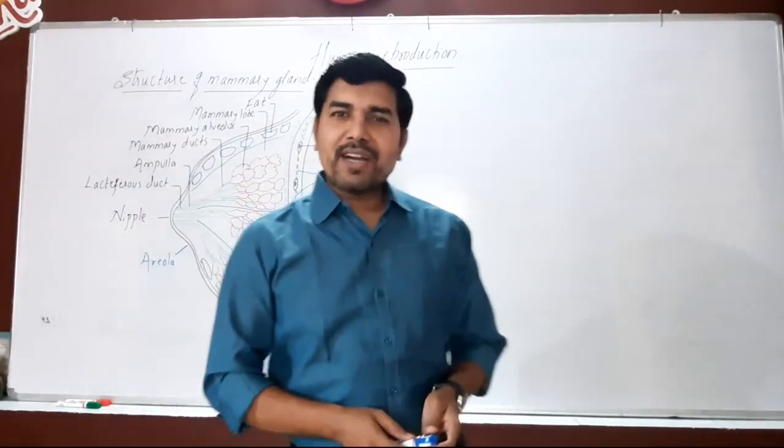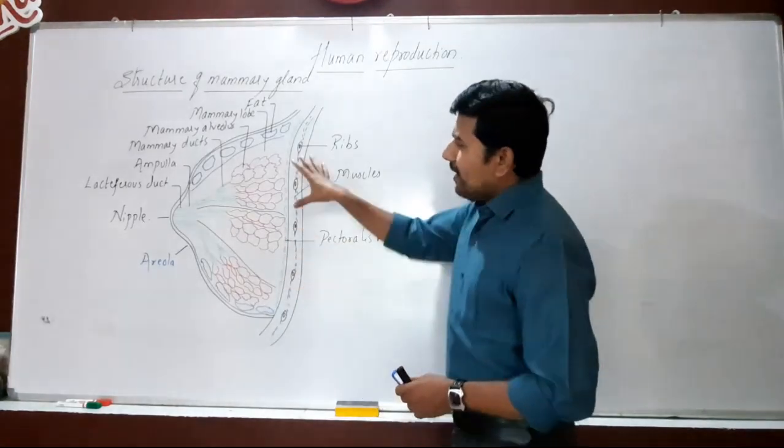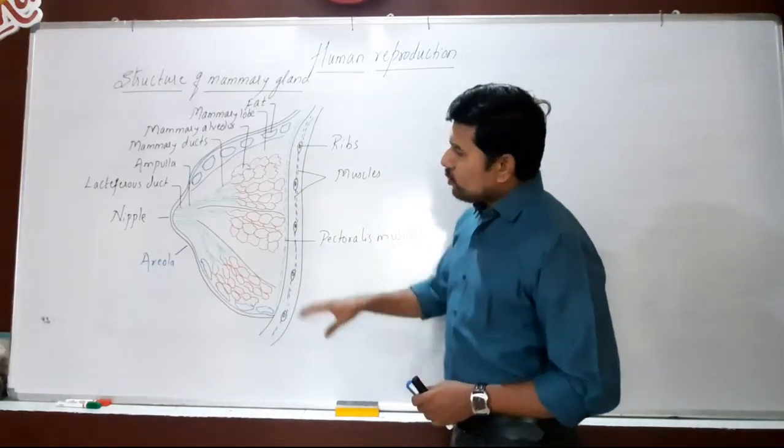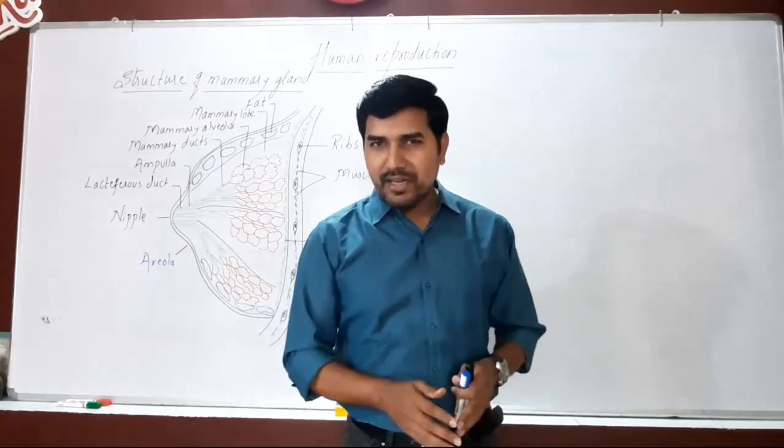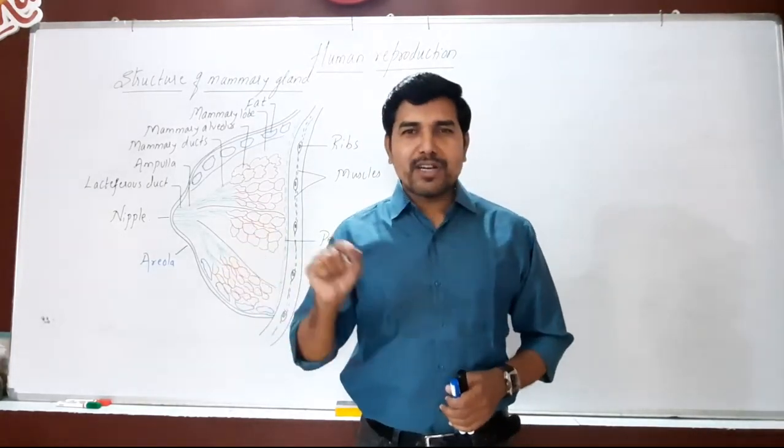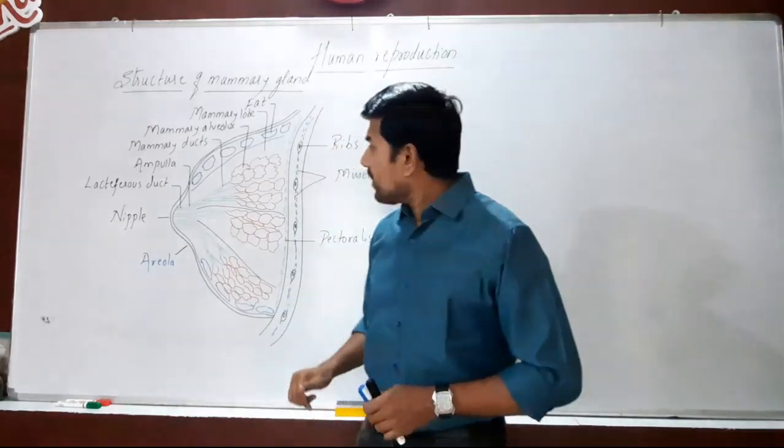Now if we look at the structure of the mammary glands, they are paired structures present in the chest region, and hence they are also termed the breasts.